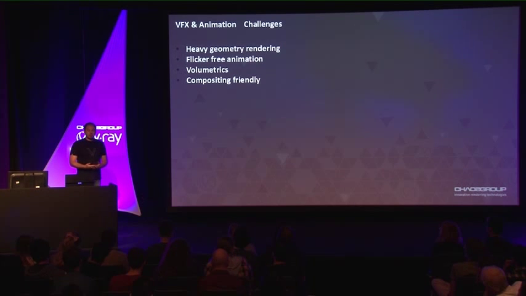So you have to supply the compositor with all the passes that are needed, with the most efficient renders, or this might be you finishing your own project in compositing software. So it's very important to be as compositing friendly as possible.